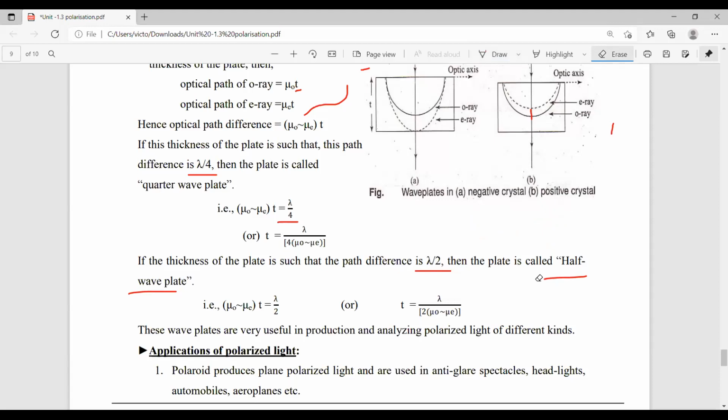So the path difference between the E ray and O ray is equivalent to lambda by 2. By cross multiplying here, we get T equal to lambda by 2 into mu naught difference mu E. I already explained why we use the difference here. This difference depends on whether it is a positive or negative crystal.